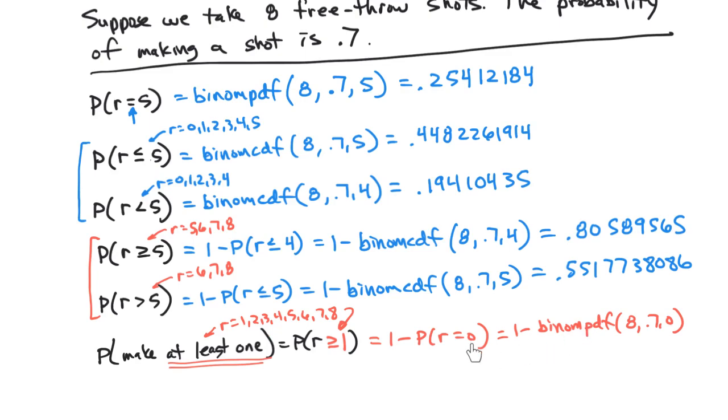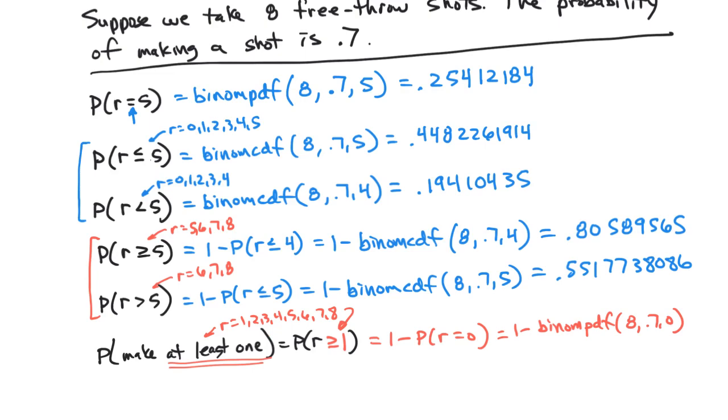Well, you will only for 0, because binomial CDF is cumulative, but there's nothing to add up yet. It's just 0, right? So it's good just to get in the practice of whenever you see an equal sign, it's a PDF, right? Equal sign, PDF. But in this one particular case, when it equals 0 and you put a CDF, you'll get the same thing.